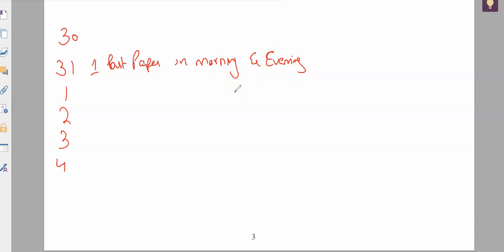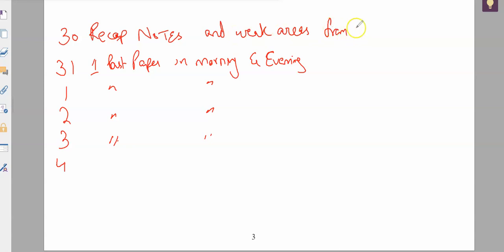You have to identify the questions from the exam kit related to the past paper, and then solve them. So that's a daily ongoing activity till the 3rd. Today, recap notes and your weak areas from the book.